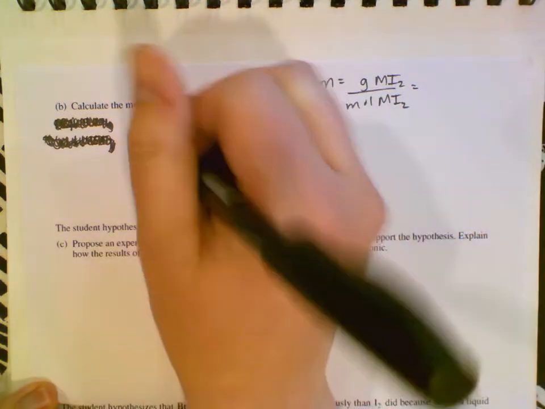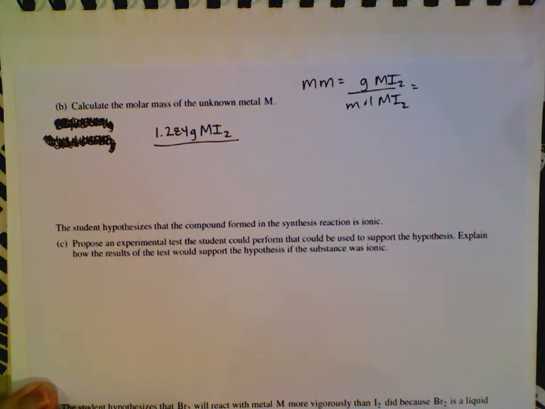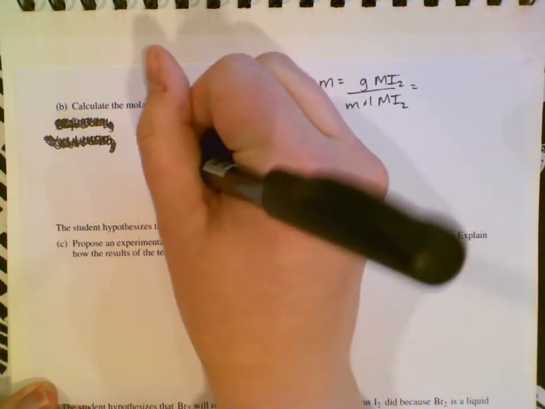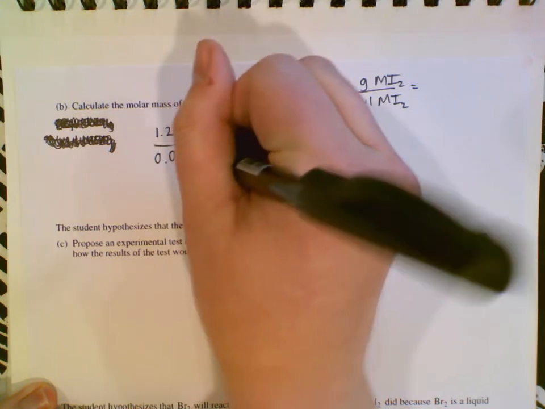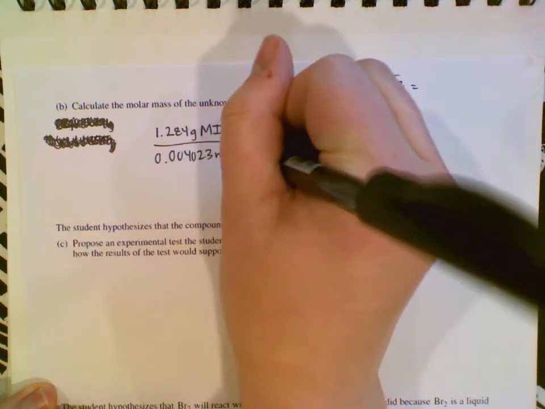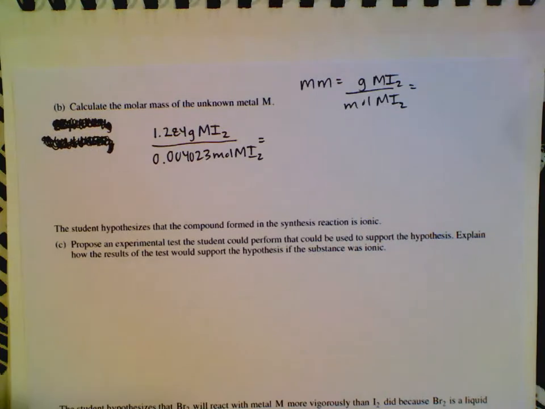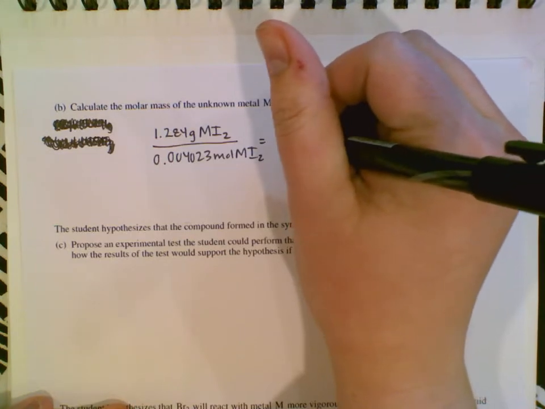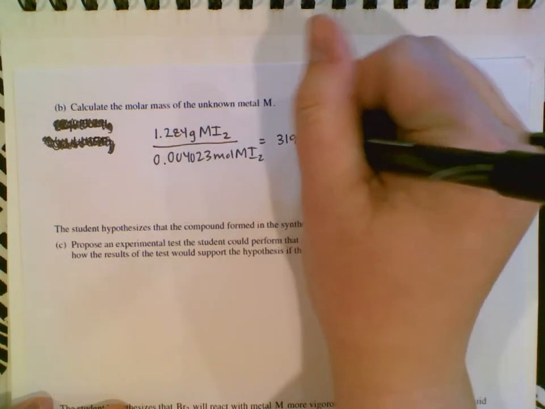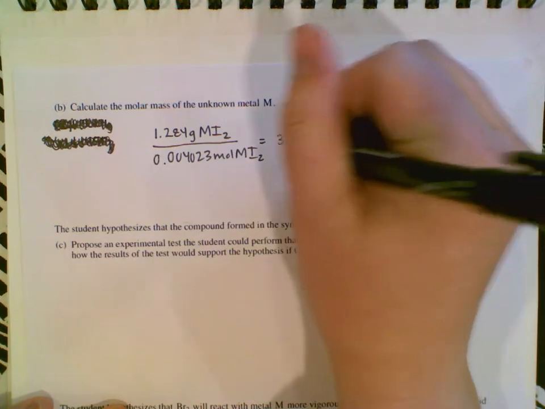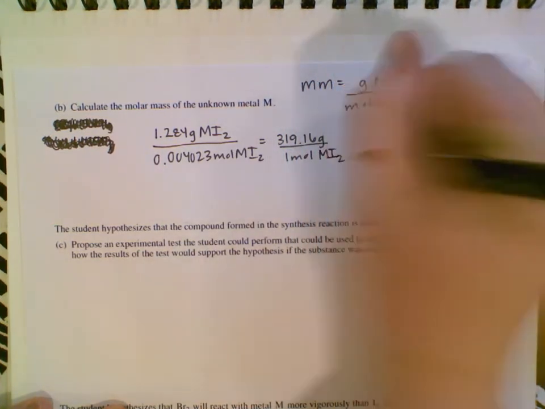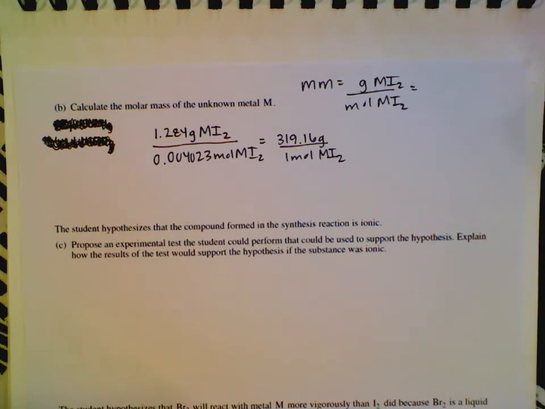So I'm going to take my grams of MI2 and divide them by my 0.004023 moles of MI2. This is different than what the answer key shows, but it's going to lead you to the same answer. What I figure out in the end is 319.16 grams for 1 mole of MI2. So that's the molar mass of that whole shebang.